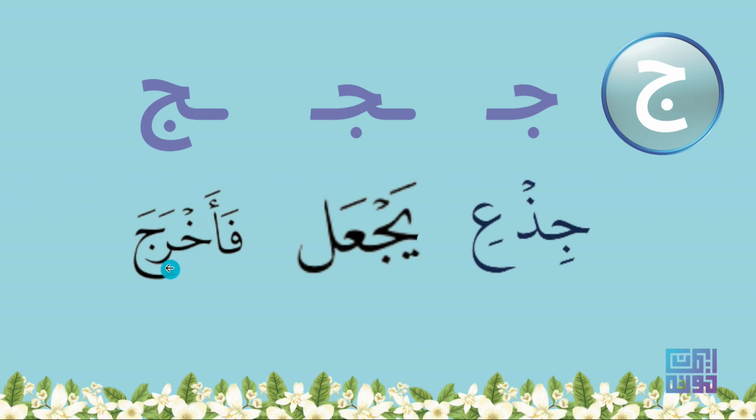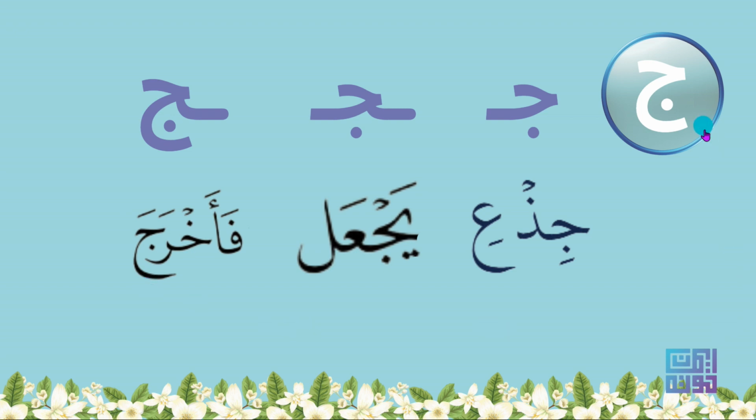Okay, so the ra does not connect with the letter that comes after it. So this is why the jim is not connected to the ra, although the jim allows the connection from both sides. And because it's written separate on its own, this is how we write the letter jim.